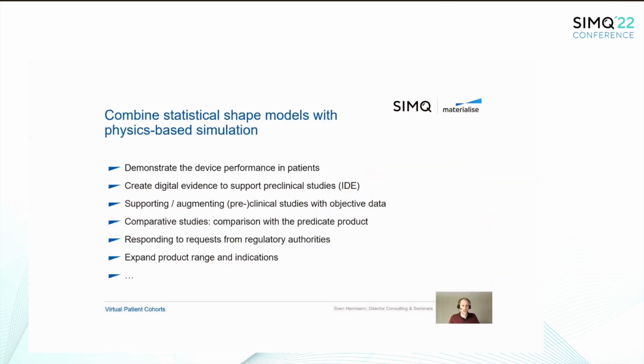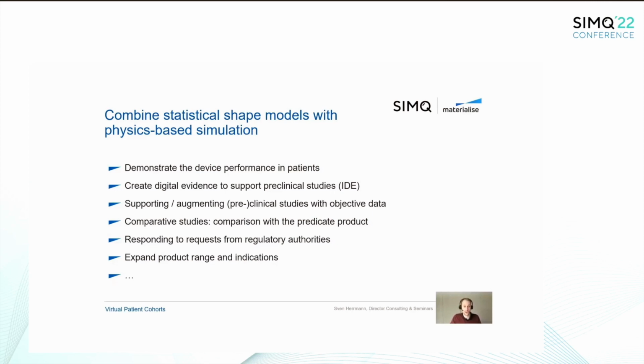The combination of statistical shape models with physics-based simulation, as I just showed you, can address several key questions that are related to the device performance in the human body. The most obvious one is to actually demonstrate the device performance in patients with all the benefits that simulation provides. Based on that, you can create digital evidence for preclinical studies or even augment clinical studies with objective data, as I mentioned earlier.